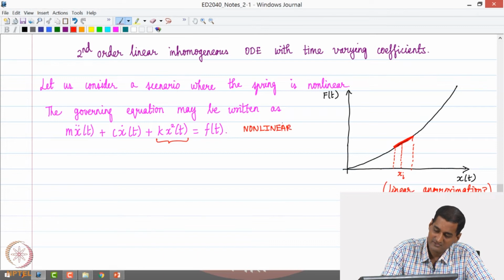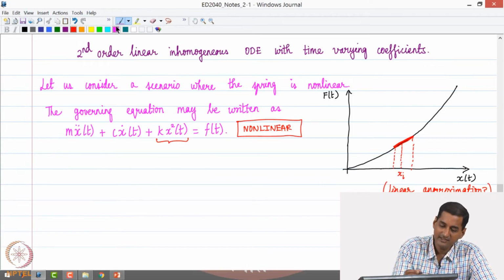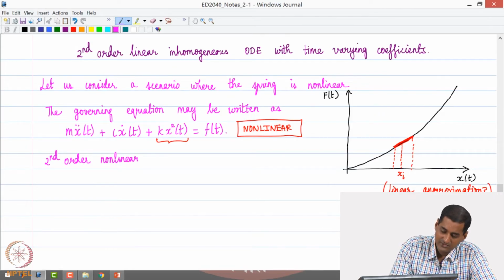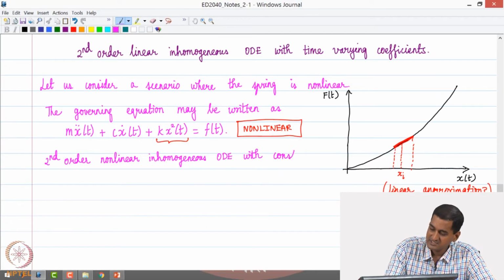So this becomes a non-linear system once we have such a response, and we could immediately observe that this is still a second order ODE, but now it becomes a non-linear inhomogeneous ODE with constant coefficients. So that is what happens to this governing equation.